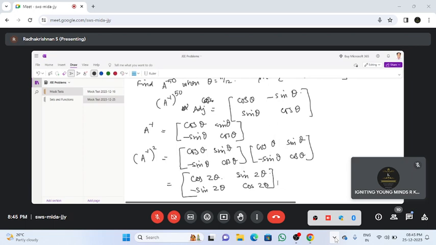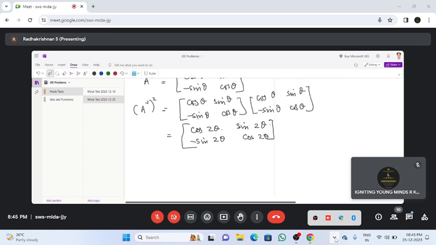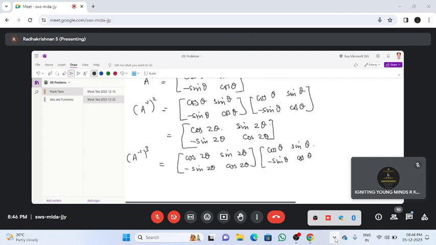Now do its cube, you'll find that it follows the pattern. Like I said, it's a special type of matrix.